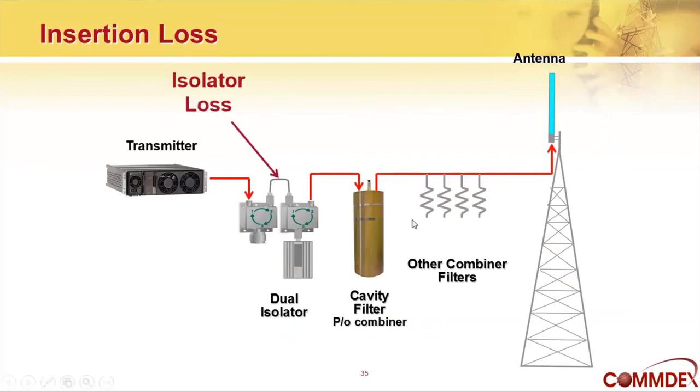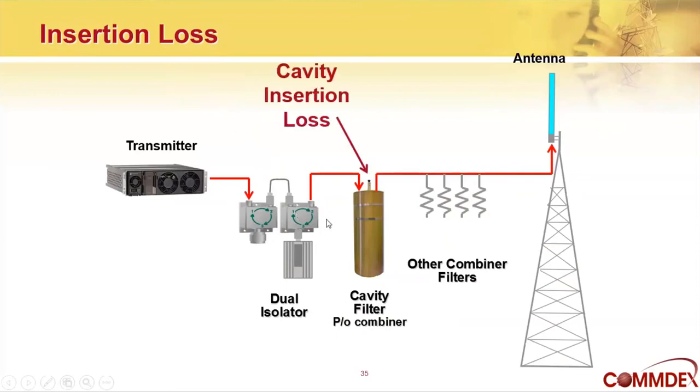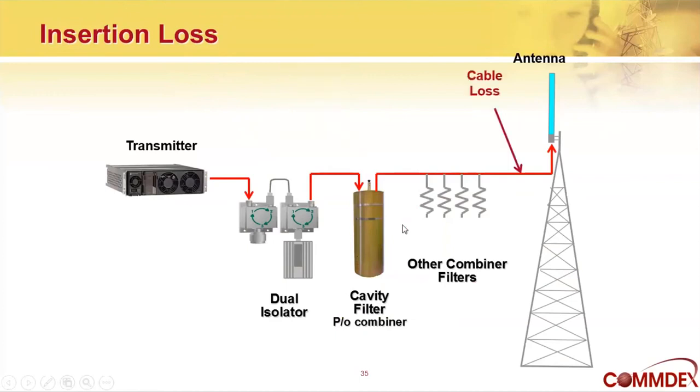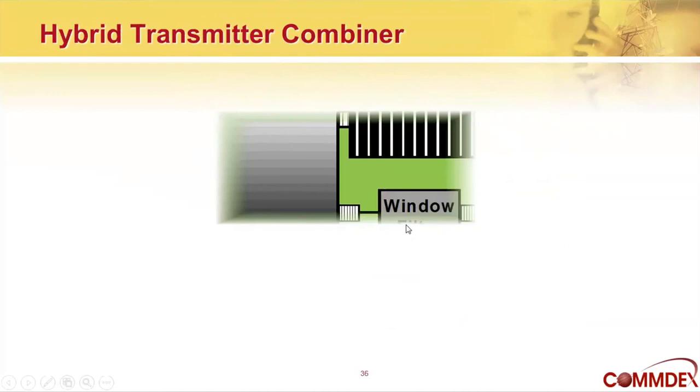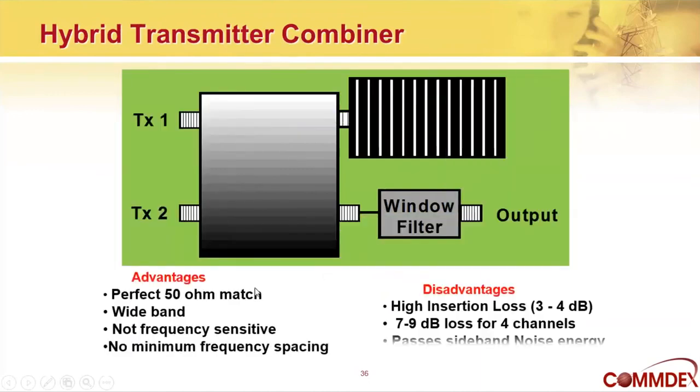The isolator loss, remember we had about a 0.5 dB total forward loss on the isolator. Then we have the cavity insertion loss, which could be from 1 to 3 dB. The cable itself has loss, and there's a bridging loss from bridging all these other components together.